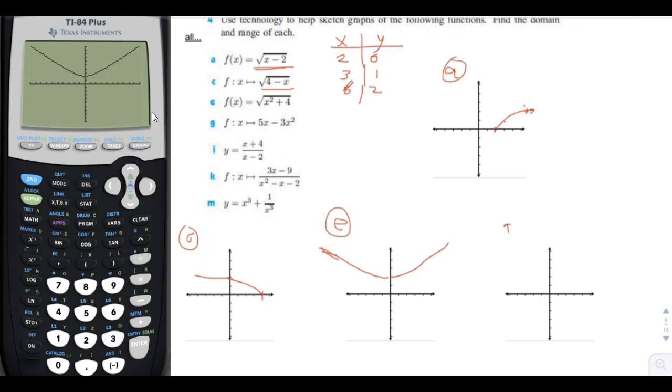What about G? Oh, we already did that one. 5x minus 3x squared. This is going to be a parabola, right? So the vertex appears to be at about 1, 2 or 2, 2. We can't really tell, so let's look at the table to see where the vertex is.